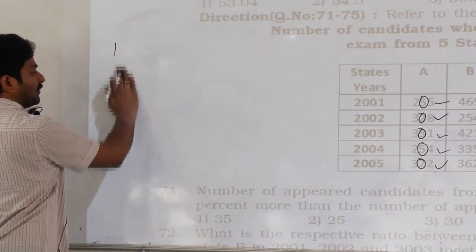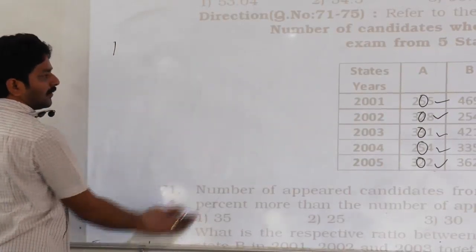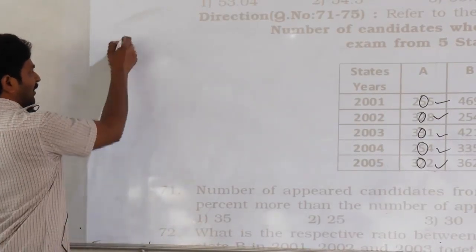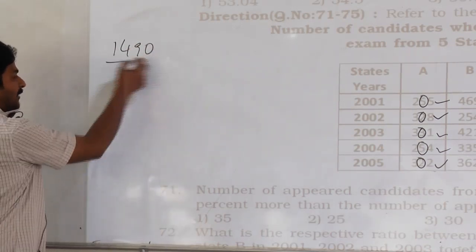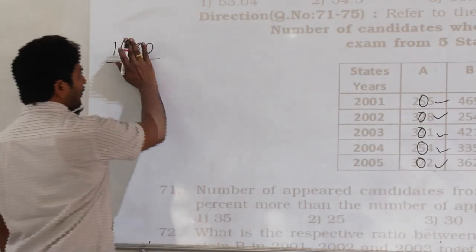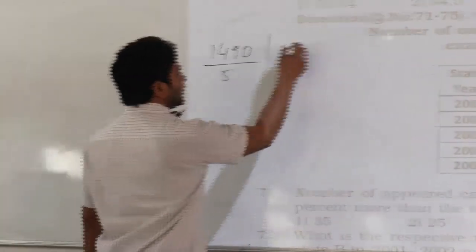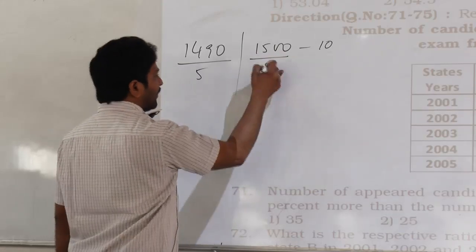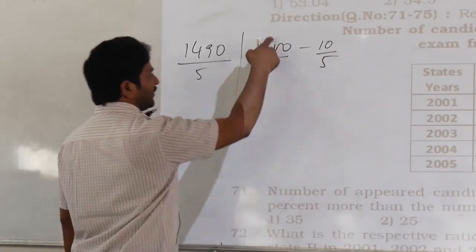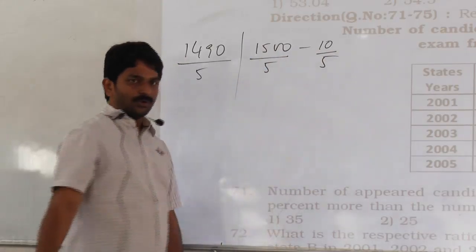Total is 1490, divided by 5. I will treat this number as 1500 minus 10, divided by 5. 300 minus 2, 298.